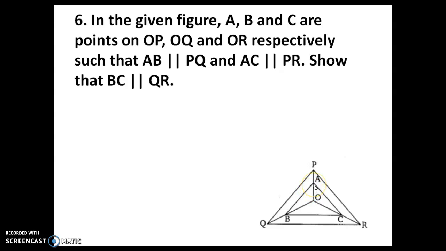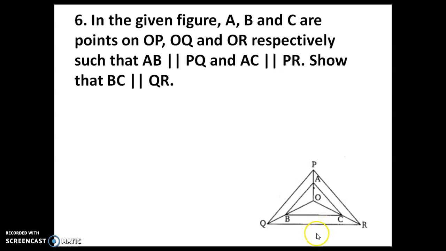It's already given that AB is parallel to PQ and AC is parallel to PR. We have to show that BC is parallel to QR. These two lines are already parallel, it is given. We have to prove these two lines are parallel.